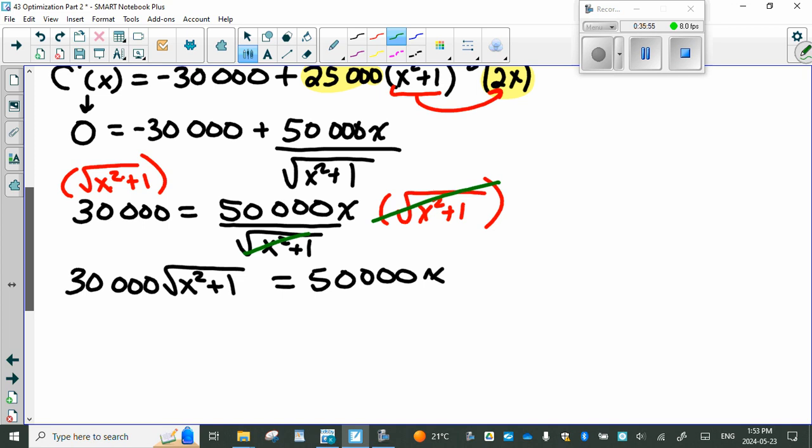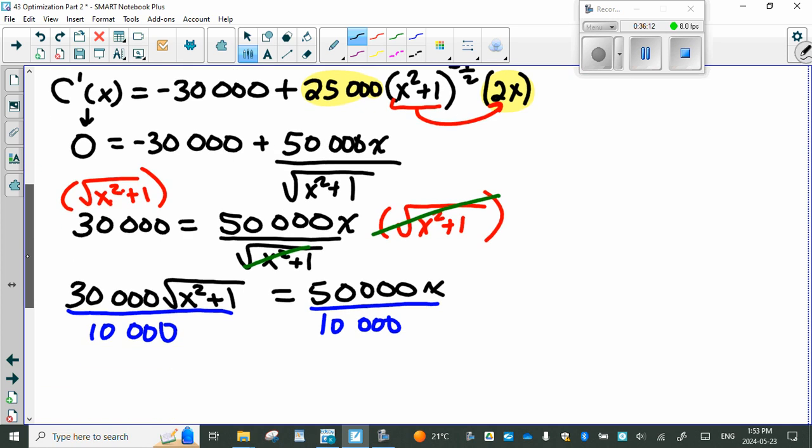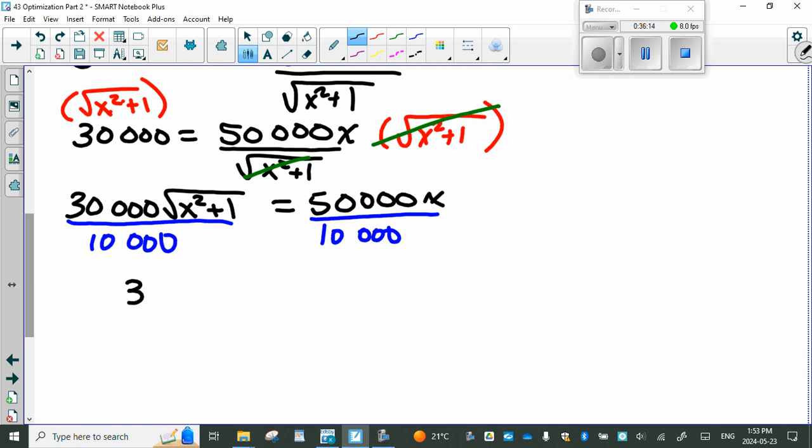If I don't want to deal with 30,000 and 50,000, I could divide both sides by 10,000. I'm okay with that, and then I'm dealing with smaller numbers here. Before I square both sides, like Anna suggested, I want my numbers to be more manageable.